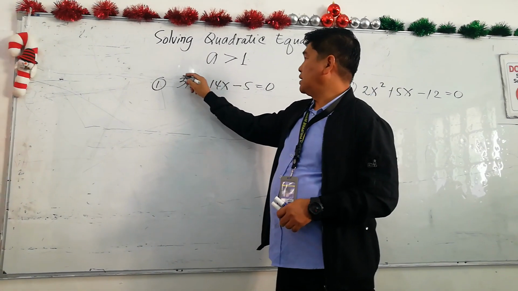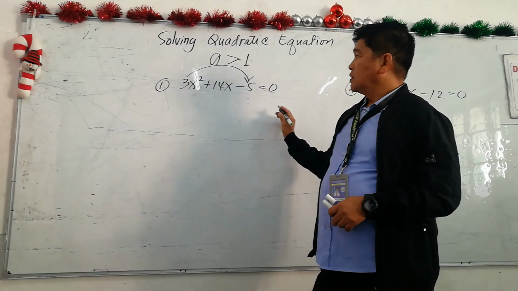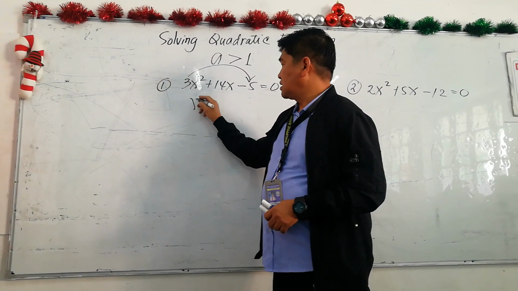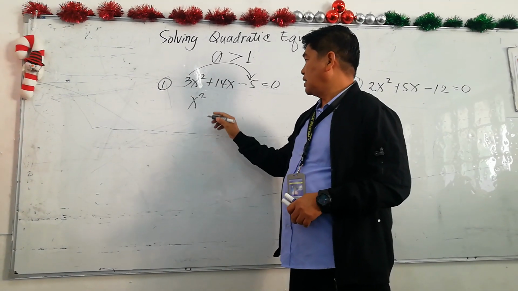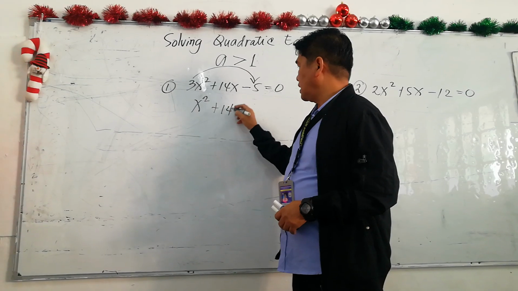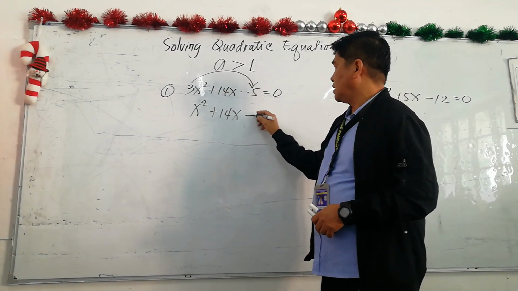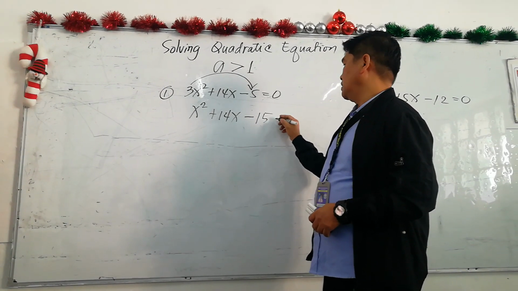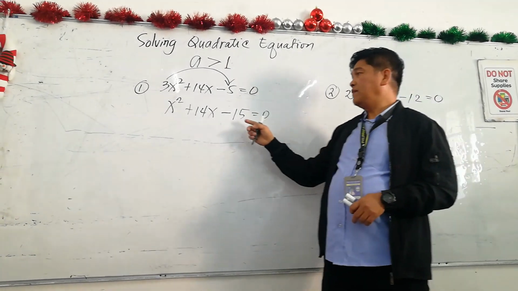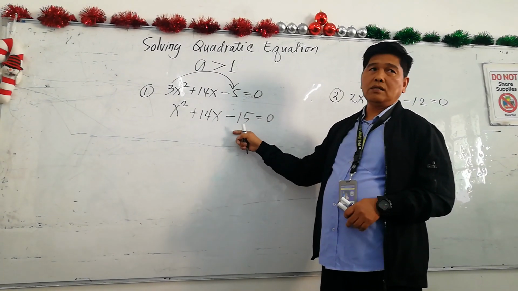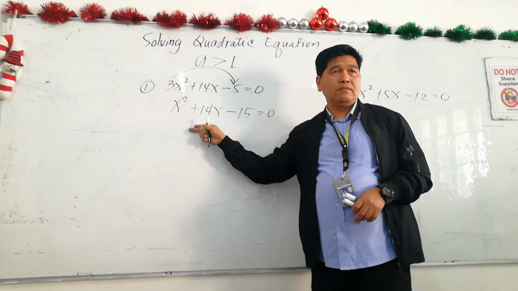So you multiply 3 times negative 5. Your equation now becomes x squared plus 14x, removing the 3 and copying 14x. 3 times negative 5 is equal to negative 15, equal to 0. What are the factors of negative 15 so that when you add, the sum is positive 14?